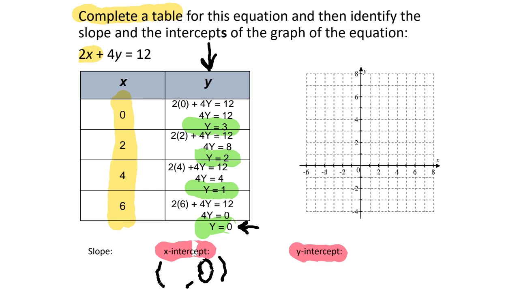Now, my Y-intercept has an X value of 0. And the value that goes with it is my 3. Now, these 2 points are what I'm going to use. Now, 6, 0 is going to be right here.